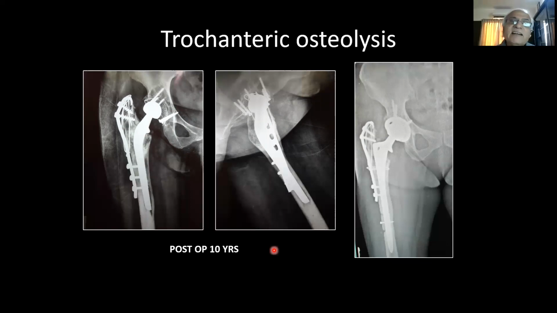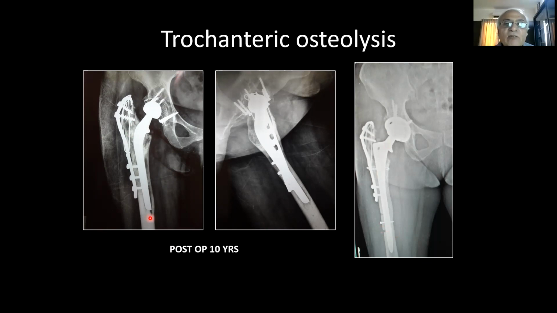So I left it at that time, and we didn't have the amount of knowledge that we have today. So I made a special hook plate, because that was not available at that time. I made a hook plate and put a trochanteric plate. I did a tension band along with that and grafted autogenous bone from her own iliac crest. And 3-4 years back, she landed in Shelby with osteolysis, and I revised both the cup as well as the stem.